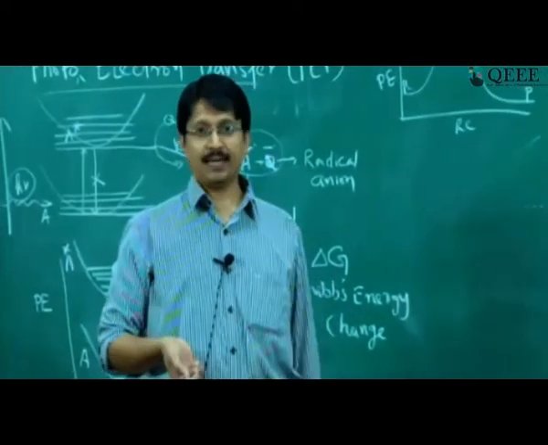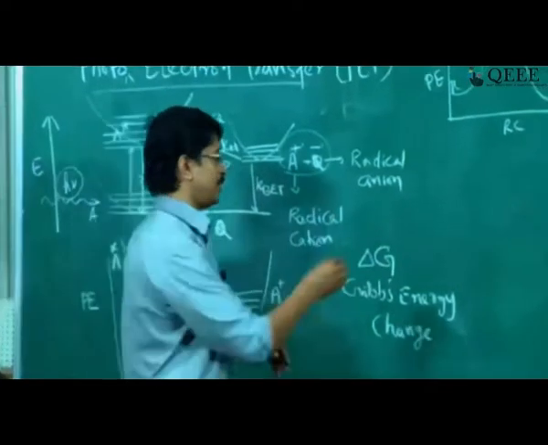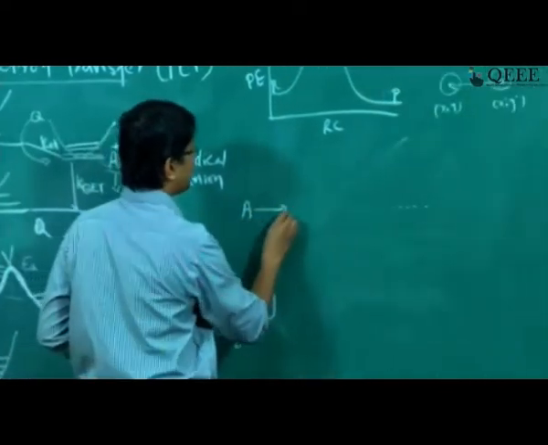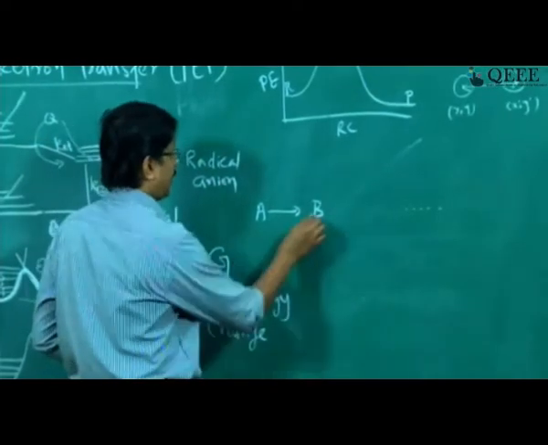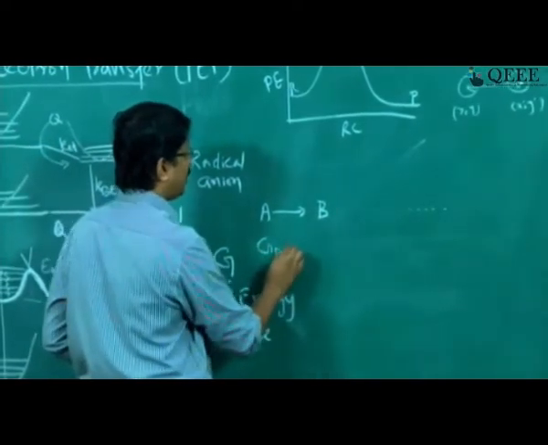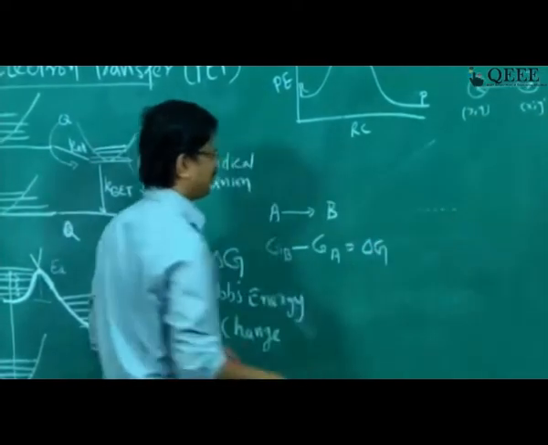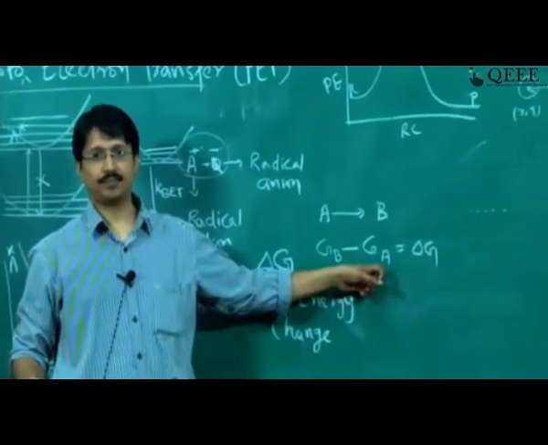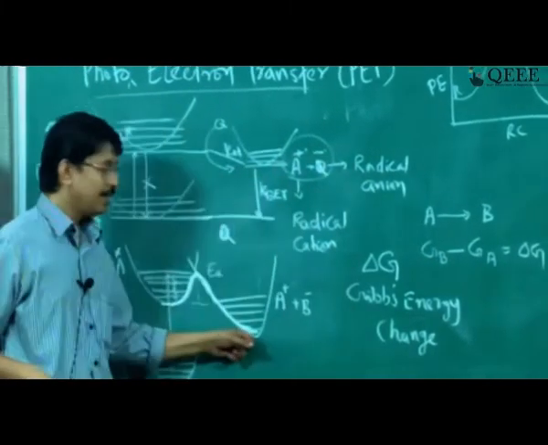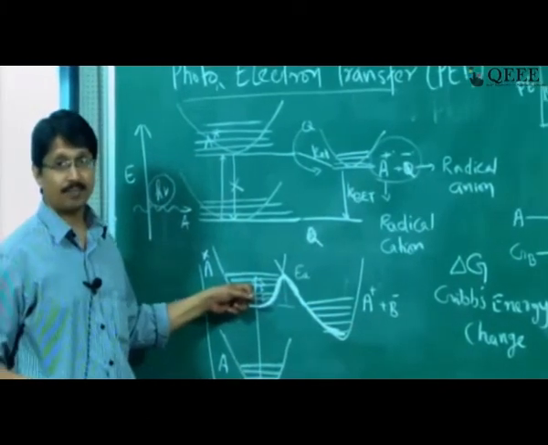How do we determine that? So delta G negative or positive for any process A going to B is calculated as the Gibbs energy of B minus Gibbs energy of A. Product minus reactant. Okay, so here this is the product and this is the reactant.